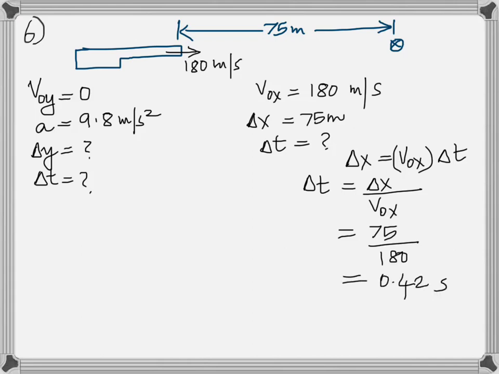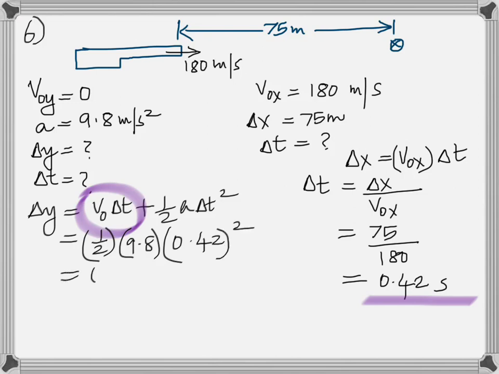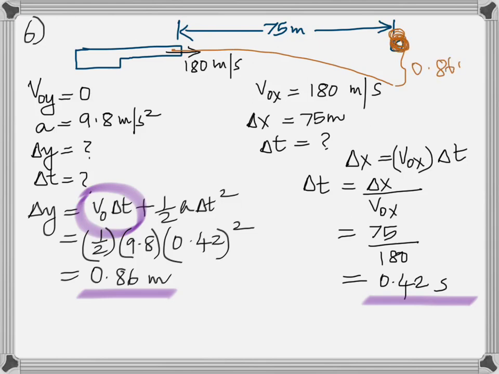It gives 0.42 seconds, and we can use that information in the equation delta y is v naught delta t plus 1/2 a delta t squared. That term becomes 0, so plug in the numbers and calculate to get 0.86 meter. Now that's by how much it misses the target.